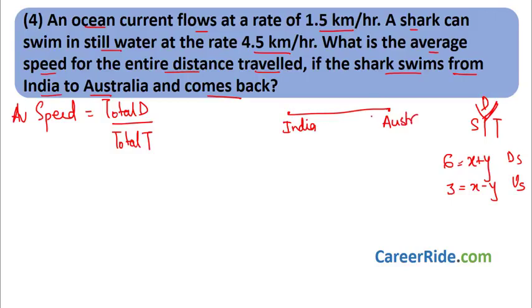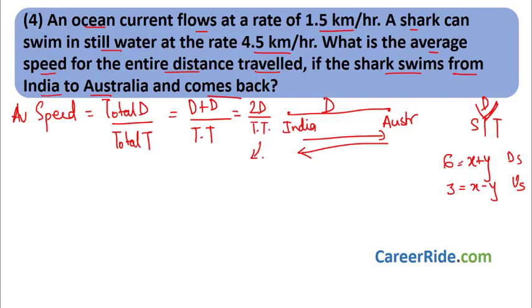Do we know the distance between India and Australia? No, we don't even need to know the distance. Let us assume that the distance between India and Australia is d. So the shark travels d kilometers and goes to Australia, again travels d kilometers and comes back to India. So total distance traveled is nothing but d plus d, that is 2d upon total time.